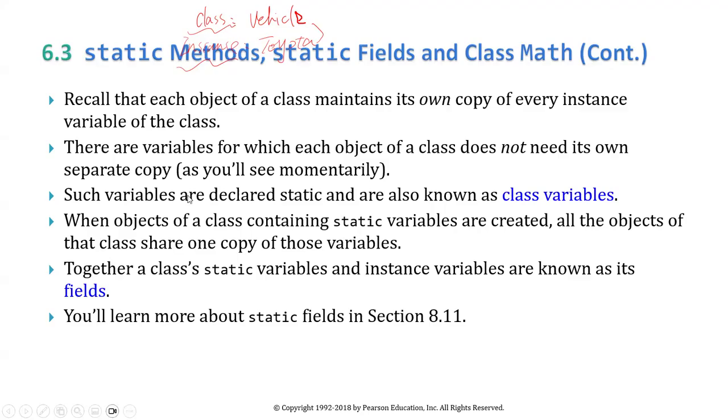When objects of a class contain static variables, all the objects of that class share one copy of those variables. That means even the Toyota or maybe the Santana may share some common things.